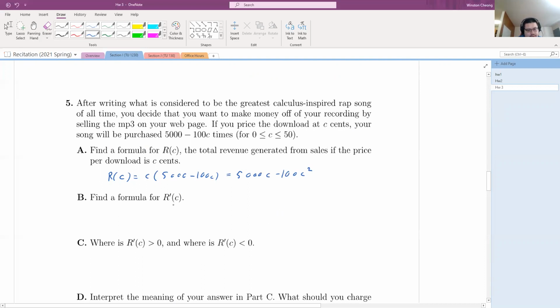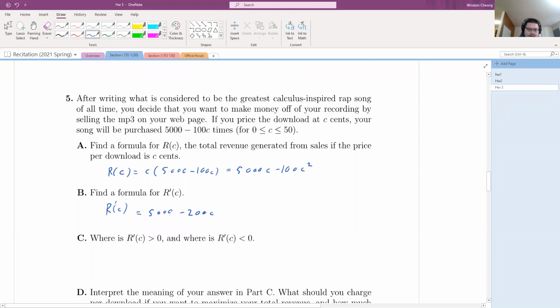Now the derivative, it doesn't ask for the limit definition, that's good. We can just take the derivative using the power rule. So this first term becomes 5,000, and this term becomes minus 200C. Maybe you take twice as long to do that calculation, but it's that fast.